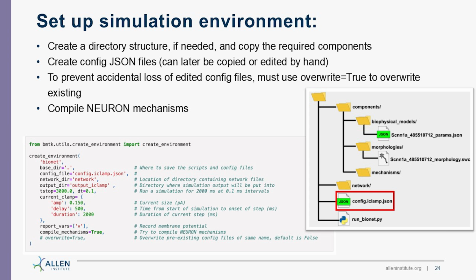Question on the next slide? So when you specify the config file as the current clamp, that is specified as a current clamp at the soma, and can you specify it anywhere in the morphology? Anywhere. In this case, you create the base JSON.